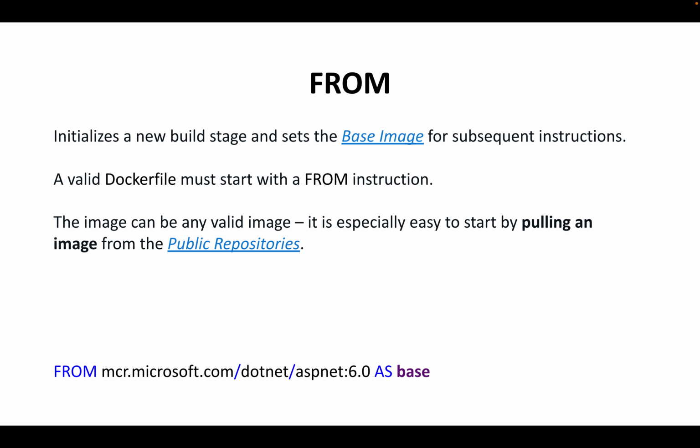Or you can specify your own Docker repository if you're in a corporate environment, for example. And also, you can start from scratch if you're building a very basic Docker example like Hello World. You can use the specific image called scratch, so it will look like FROM scratch.